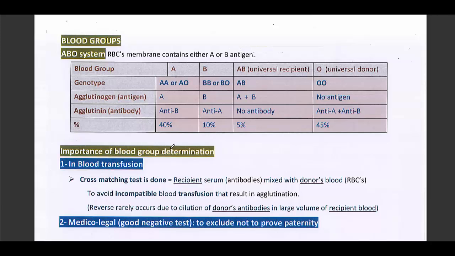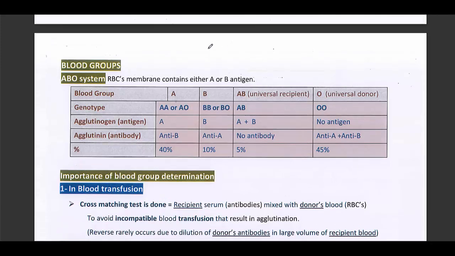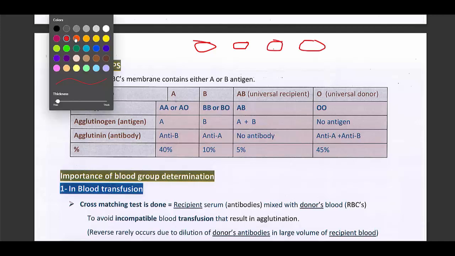This means we will imagine 4 blood cells. Let's choose the blue color for antigen A.